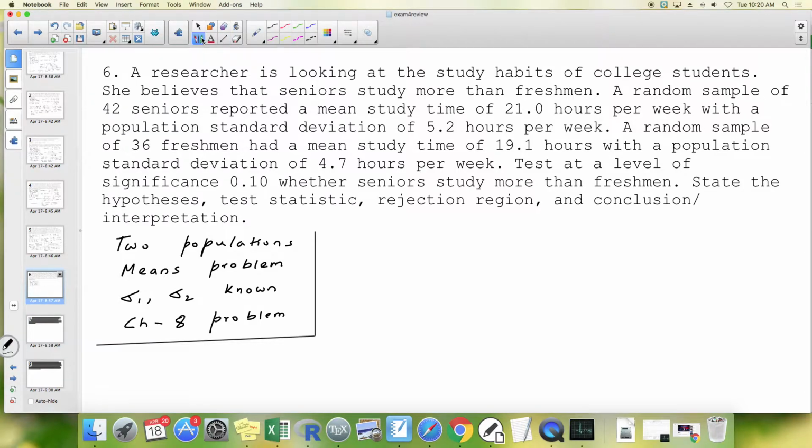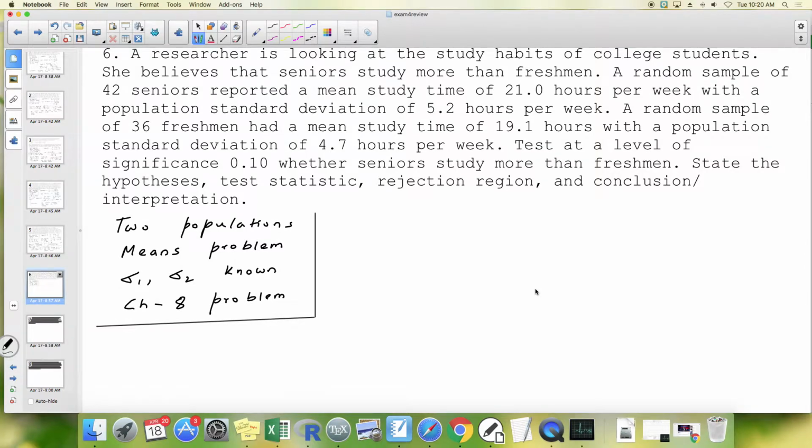All right. So, what data do we have? First of all, group 1 means senior. So, N1 is 42. Mean study time is 21, so X1 bar is 21 with a population standard deviation of 5.2.